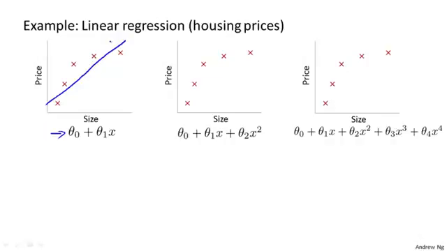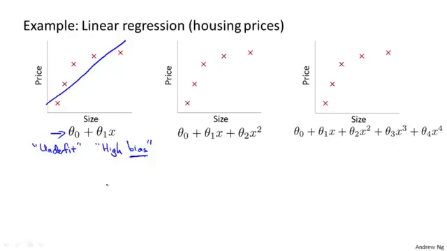Looking at the data, it seems pretty clear that as the size of the house increases, the housing prices plateau or kind of flatten out as we move to the right. And so this algorithm doesn't fit the training set very well, and we call this problem underfitting. Another term for this is that this algorithm has high bias. Both of these roughly mean that it's just not even fitting the training data very well.